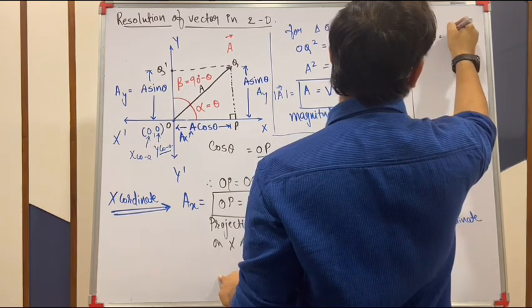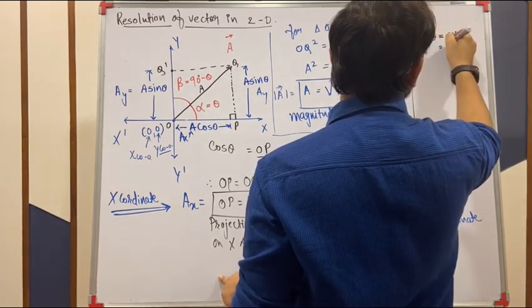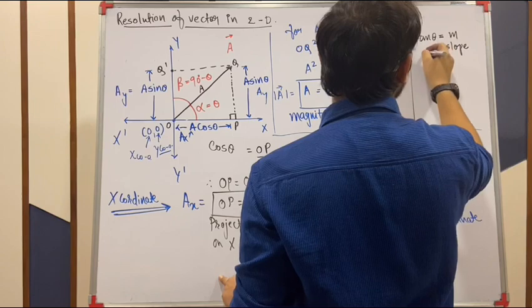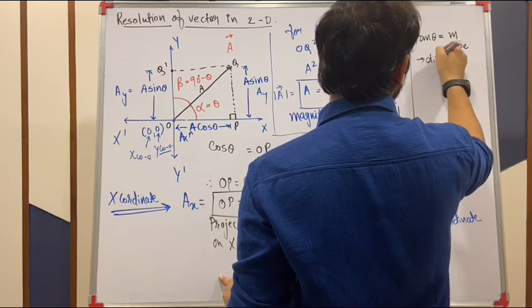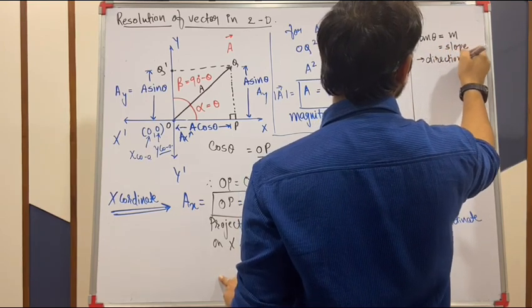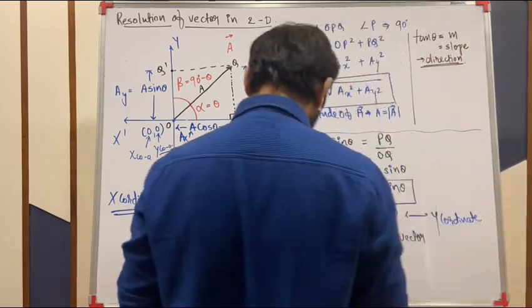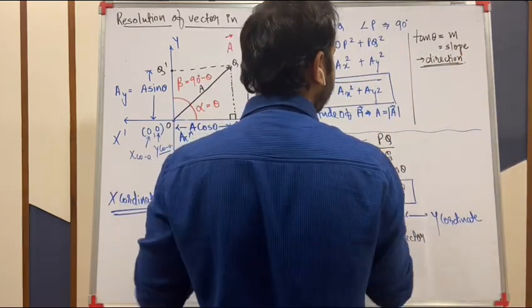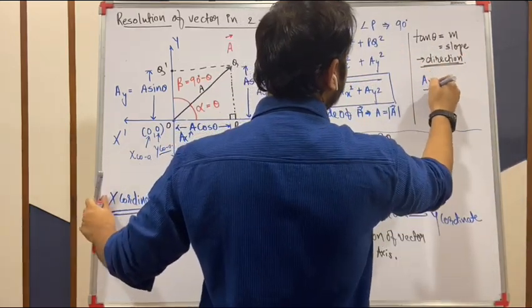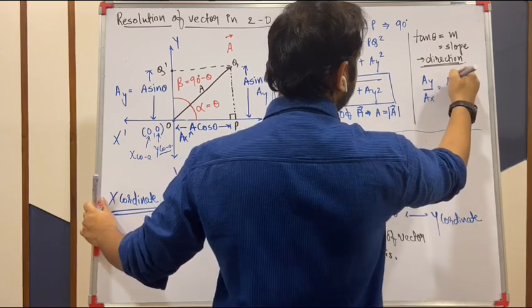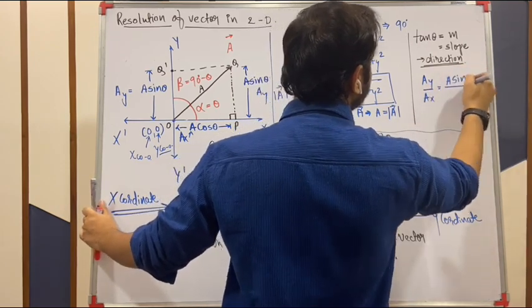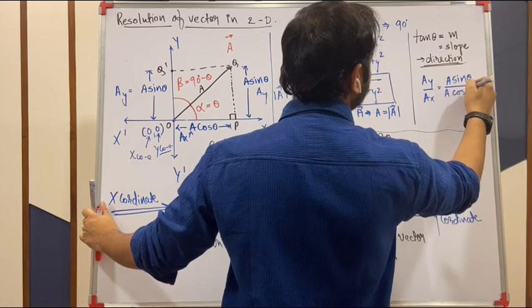Tan theta, which is m, which is slope or direction, is AY by AX. AY is A sin theta upon AX, A cos theta.